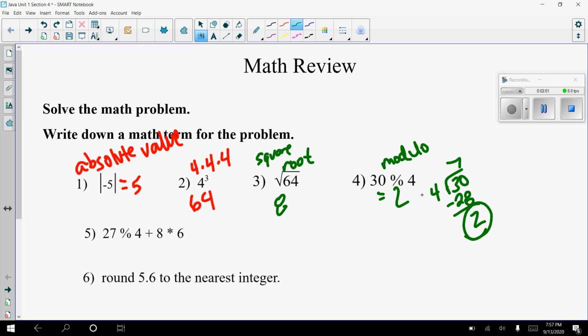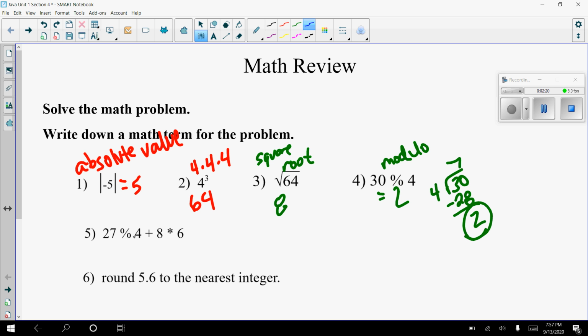Now we also can't forget our very important order of operations. Remember they go from left to right. So parentheses, no, we don't have any of that. But multiplication and division come before addition and subtraction.